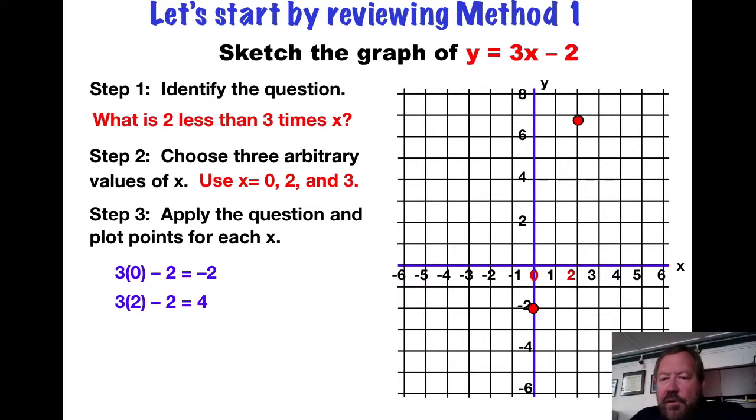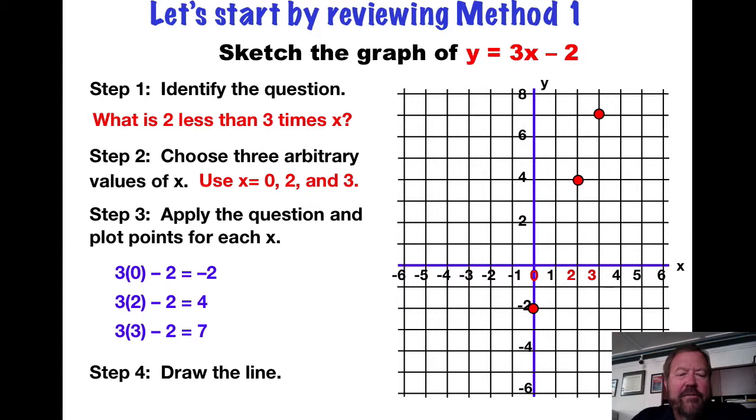So for the number 2 on the x-axis, we plot a point 4 units above the number 2. And applying to the number 3, what is 2 less than 3 times 3? 3 times 3 is 9, 2 less is 7. So above the number 3, we plot a point at 7. And notice these points are collinear. Step 4 says draw the line. And there you have the graph of the equation y equals 3x, take away 2.